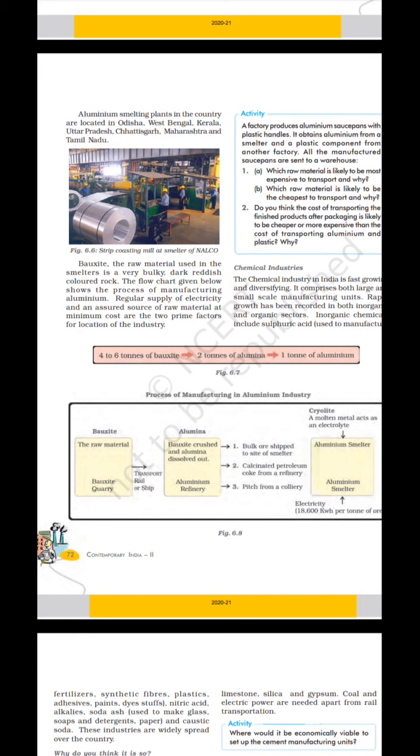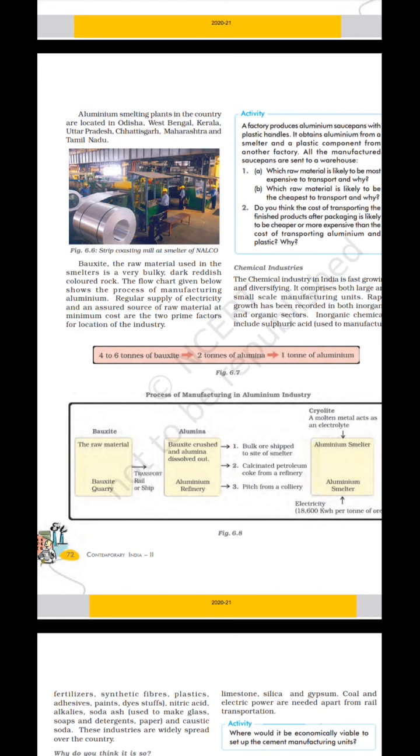Take a look at figure 6.8. 4 to 6 tons of bauxite, 2 tons of alumina, 1 ton of aluminium. Figure 6.7: process of manufacturing in aluminium industry. Bauxite, the raw material: bauxite quarry, transport by rail or ship. Alumina: bauxite crusher and alumina dissolved out. Aluminium refinery: bulk is shipped to site of smelter.